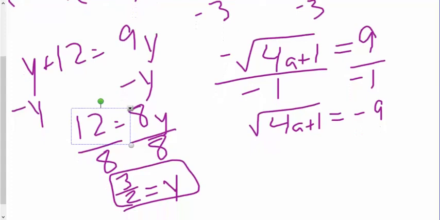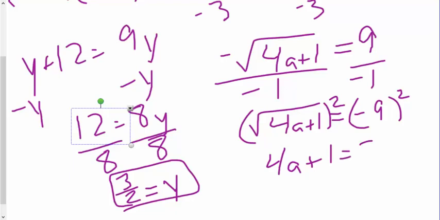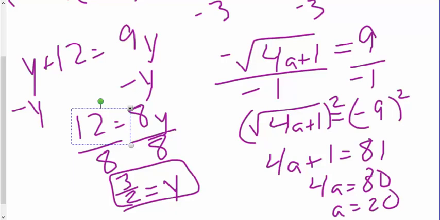Here we already know this is going to be no solutions because I'm trying to deal with a square root of a number equaling a negative. And I know that every square root has to be positive unless we're dealing with imaginary numbers. So if I wanted to double check though, I square both sides and I get 4a plus 1 equals 81. So 4a equals 80, which means a equals 20.